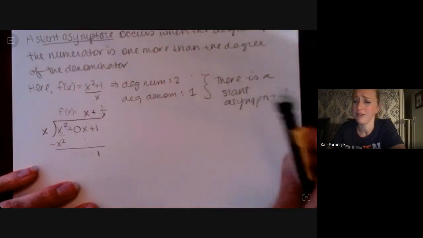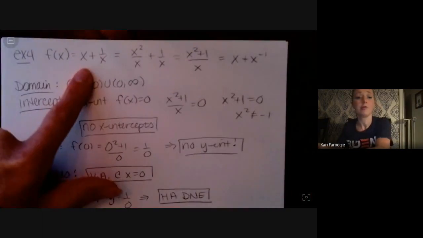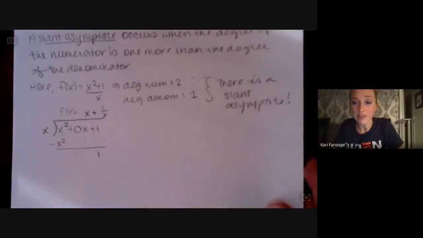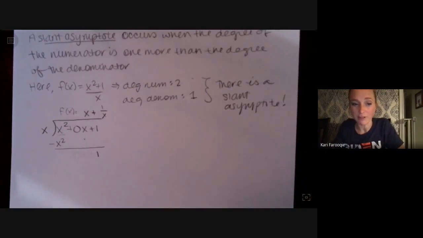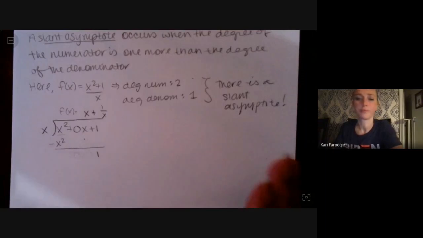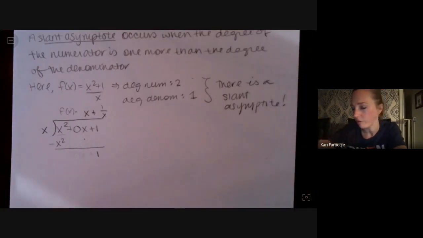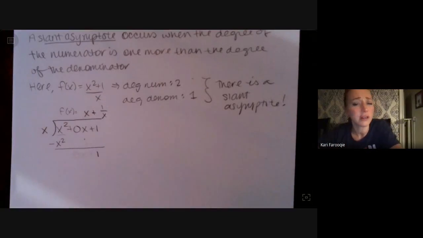And you're kind of like, seriously? You already told us that. Fine. But I'm not always going to give you that. You're not always going to see the function written in that way. That's my point. So I know this time it seemed like it was a trick, but it wasn't. Okay, so if you're wondering, like, how does this help us with the slant asymptote?